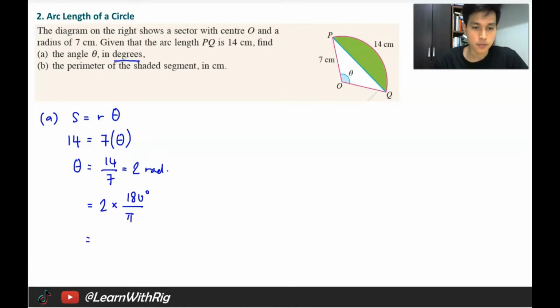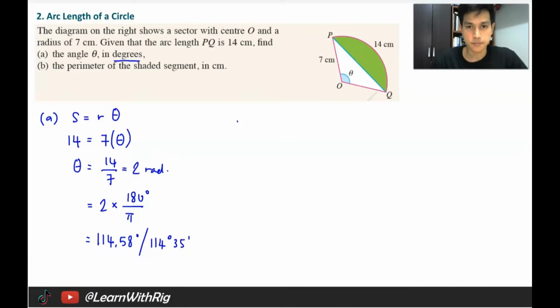So your answer should be 114.58 degrees, or in terms of degrees, minutes and seconds, it's going to be 114 degrees 35 minutes. This answer is given to you in your book. If you're using your textbook, this is the answer, but other than that, you can just use decimal form, it's fine.